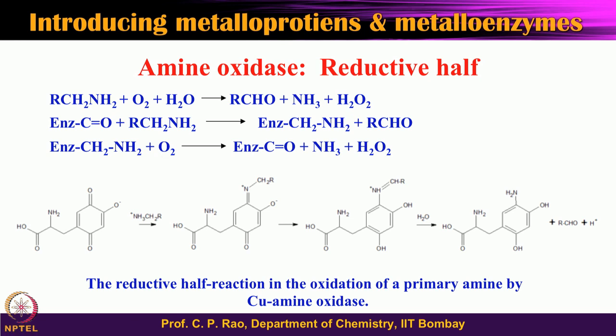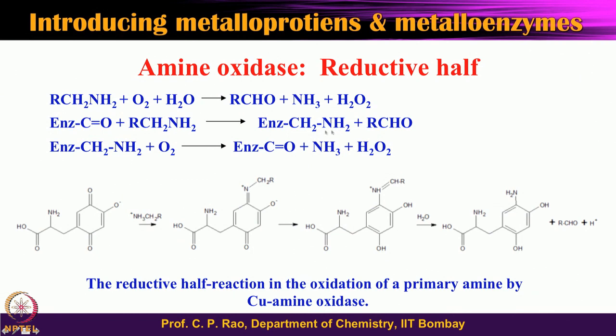So, you have the oxidized form of the enzyme which converts the galactose alcohol into aldehyde, and then converts the reduced enzyme back to the normal form of the enzyme. In this case similarly, you have Schiff base, amine and aldehyde, but the ammonia is released only in the second part of the enzyme.